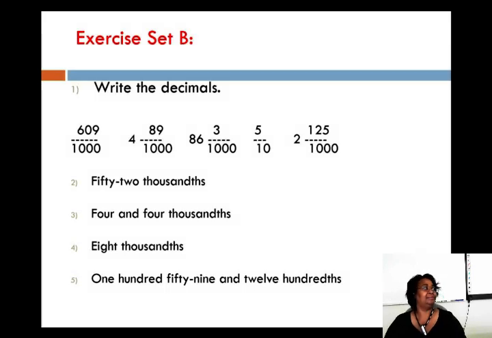All done? Okay, so what did you write for this first one? No, not 0, 0. 0.0520.